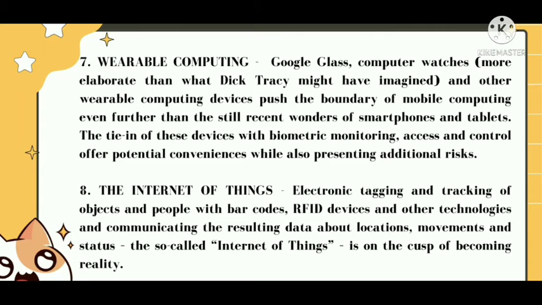Next, we have wearable computing. Google Glass, computer watches more elaborate than what Dick Tracy might have imagined, and other wearable computing devices push the boundary of mobile computing even further than the still recent wonders of smartphones and tablets.